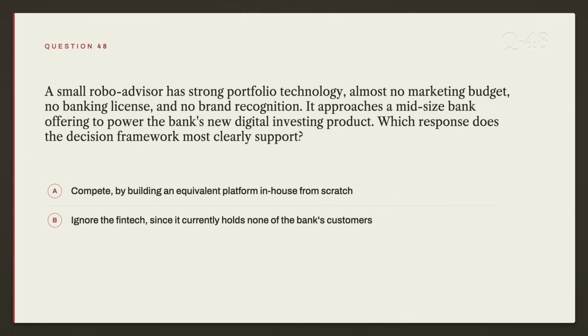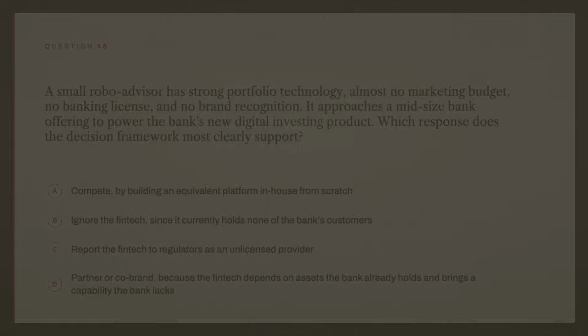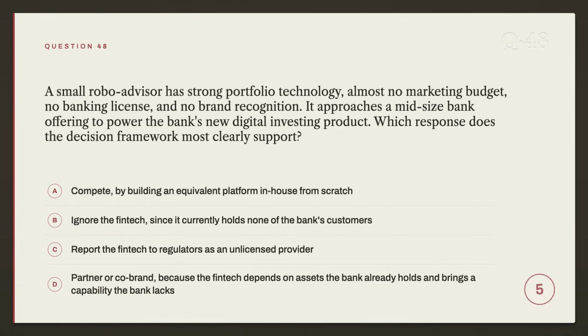B. Ignore the fintech since it currently holds none of the bank's customers. C. Report the fintech to regulators as an unlicensed provider. D. Partner or co-brand because the fintech depends on assets the bank already holds and brings a capability the bank lacks. Got a guess? Lock it in.